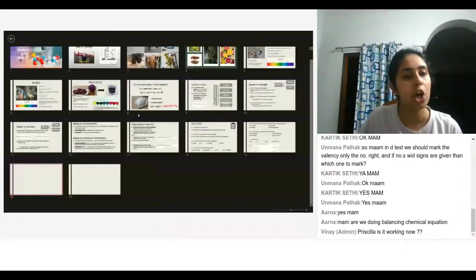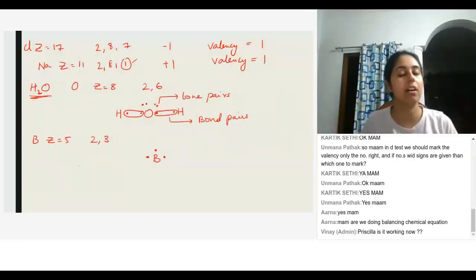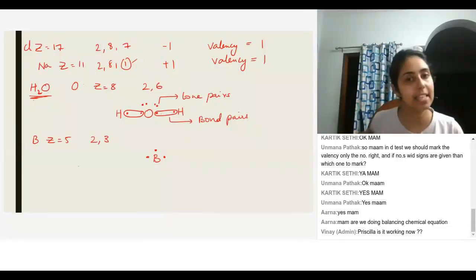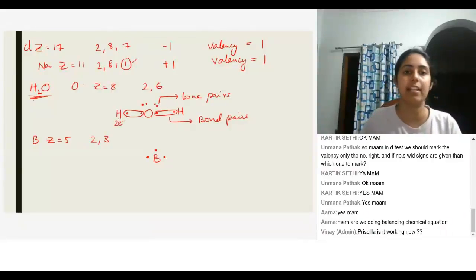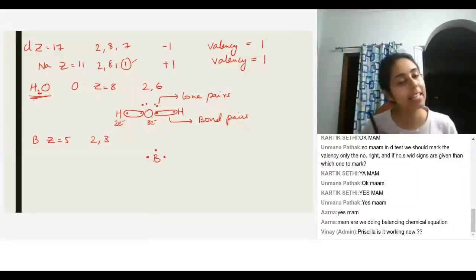This way, nobody is giving away their electron, and nobody is taking somebody else's electron. They are just sharing their own electrons, so that hydrogen ends up having 2 electrons, which satisfies the duplet rule, and oxygen ends up having 8 electrons in total, which satisfies the octet rule. So nobody is losing anything and nobody is gaining anything. They are keeping whatever they have and sharing with other atoms.